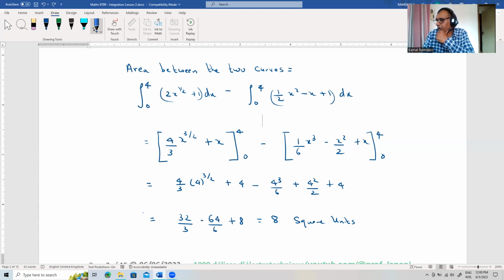Et là, on remplace 4 et 0 dans sa expression-là. OK?